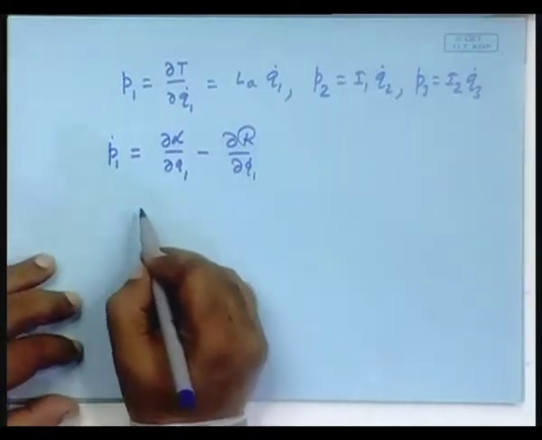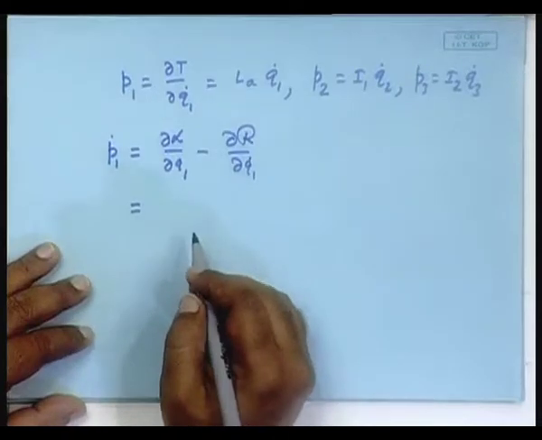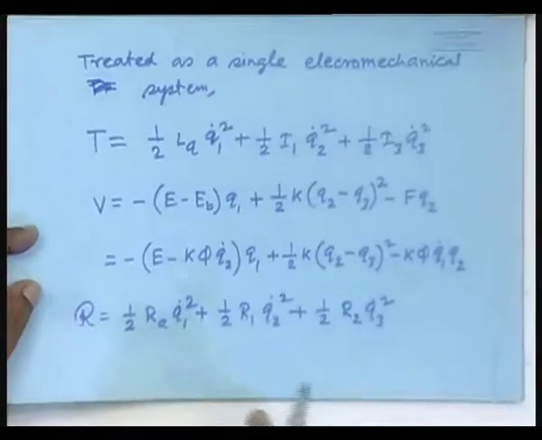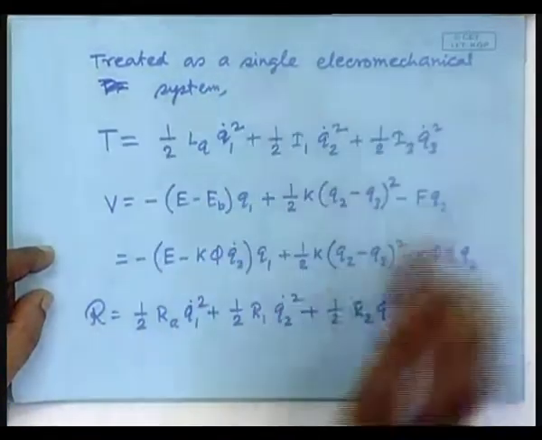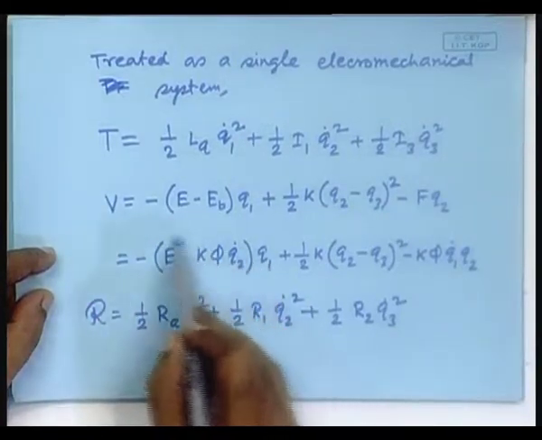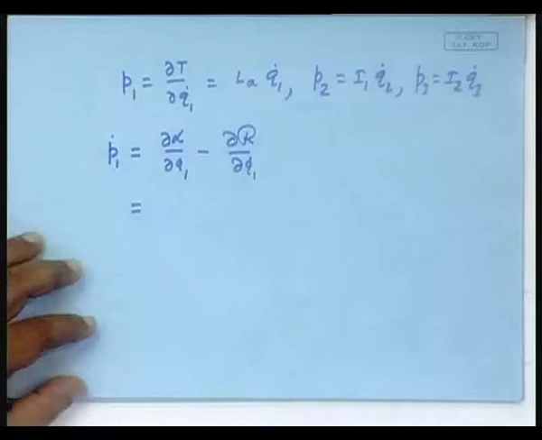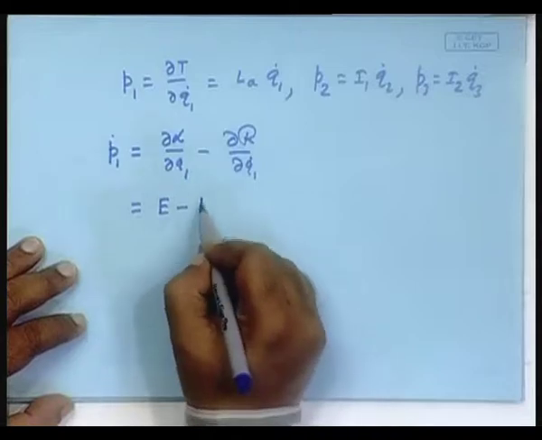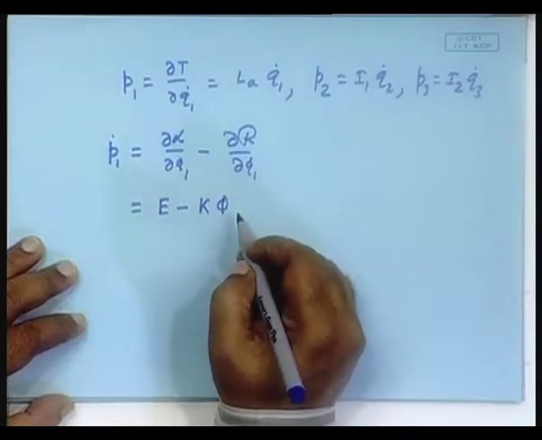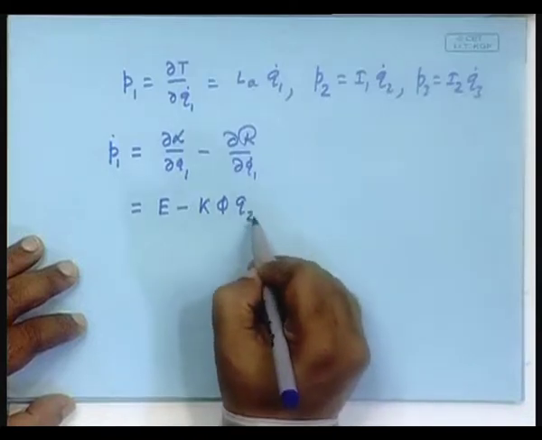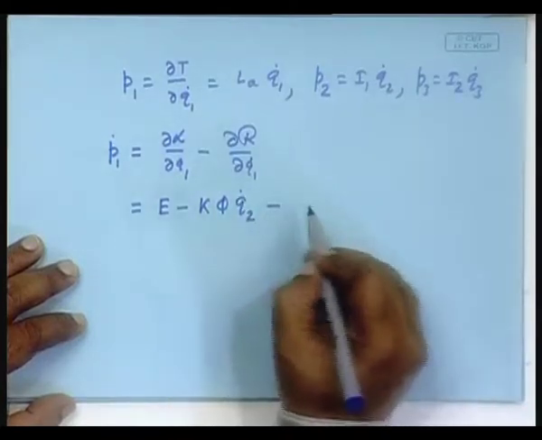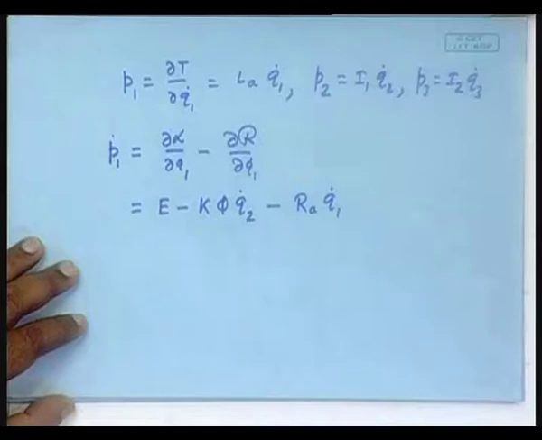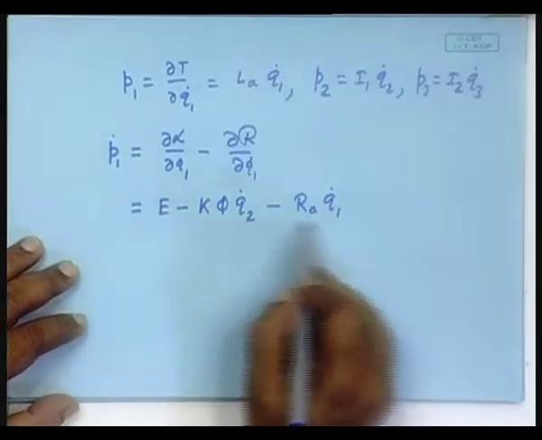Derivative of the Lagrangian with respect to Q1, this goes T minus V. So, this becomes plus and this remains, nothing else. So, it will be E minus K phi Q2 dot minus the Rayleigh term R A Q1 dot. Both the dotted terms in the right hand side.